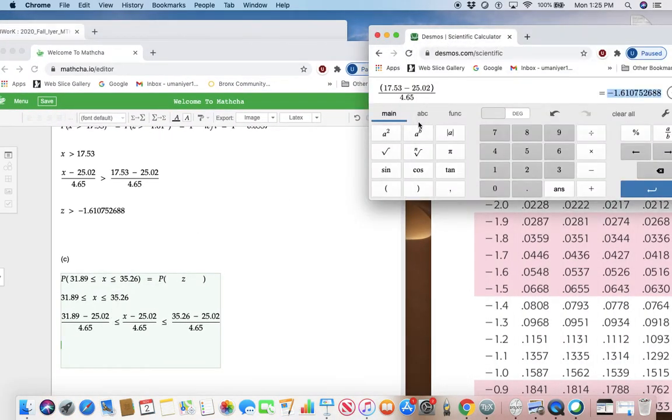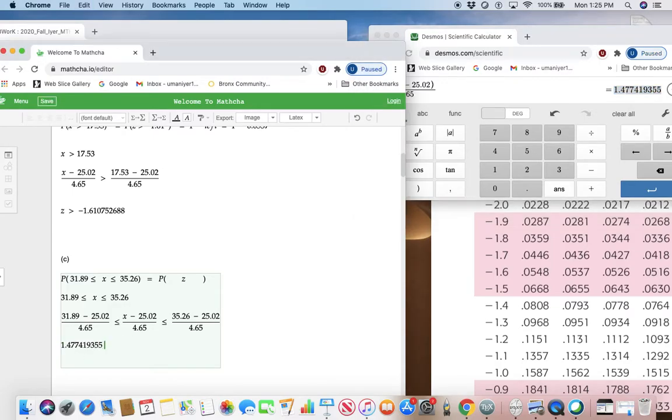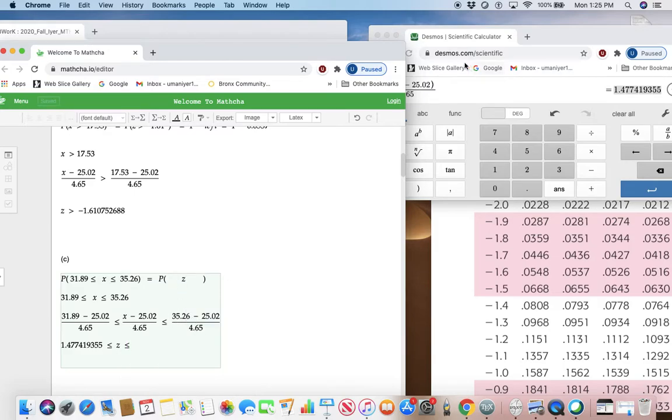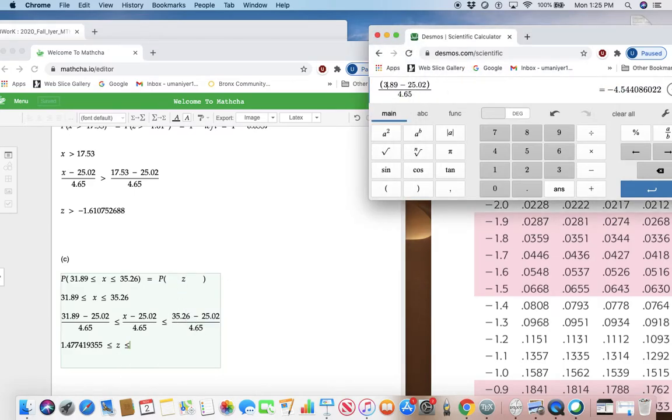On the calculator, instead of 17.53, I now have 31.89. Everything else is the same. That gives me this number for the first one. This expression is the standard score z value. And this one I need to calculate with 35.26, which gives me all of this.